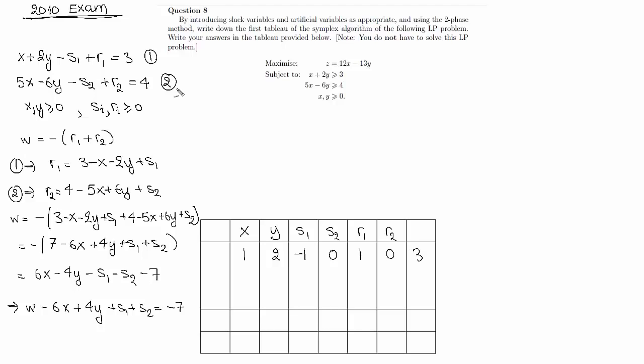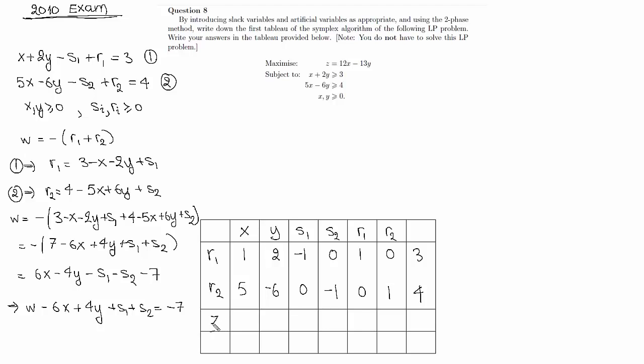And now for the second one, we have 5, minus 6, 0, minus 1, 0, 1, and 4. These are our coefficients, as we can see. Here the basic variables are r1 and r2 at this stage.